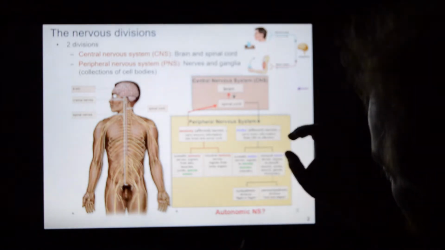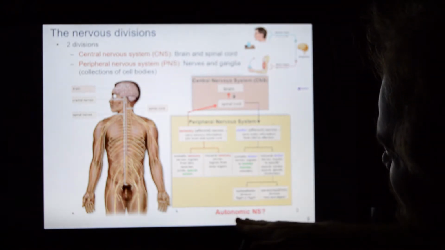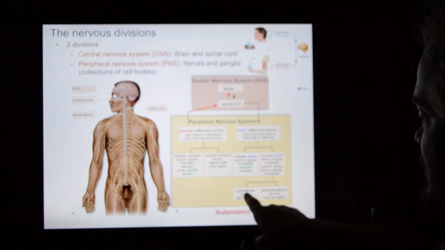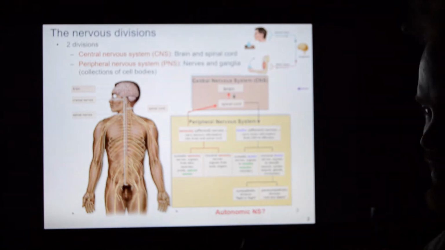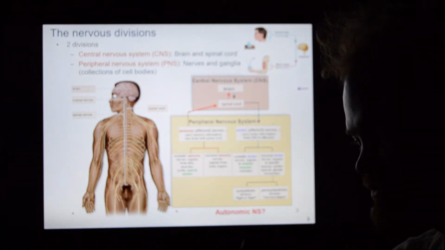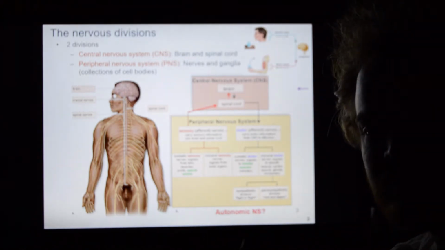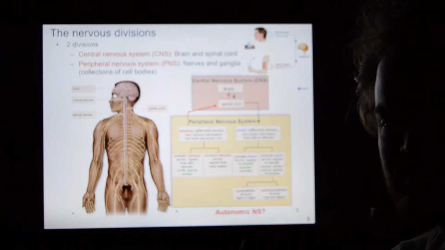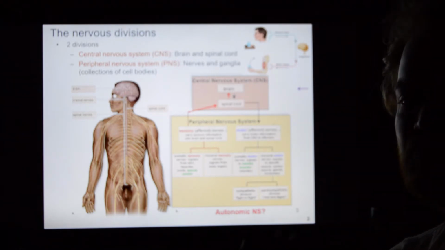In fact, this is so complicated that we further break down the autonomic nervous system into the sympathetic and parasympathetic divisions. Now, let me say this first. Both of these work together constantly on a daily basis to keep you alive.